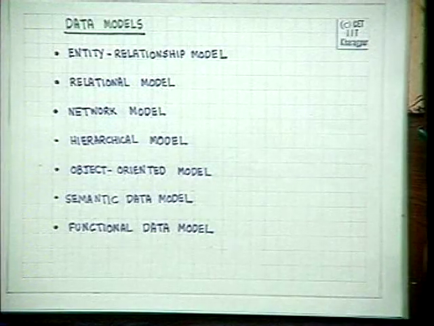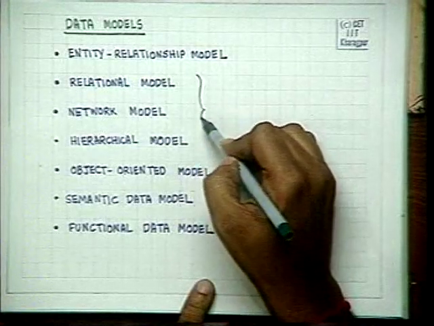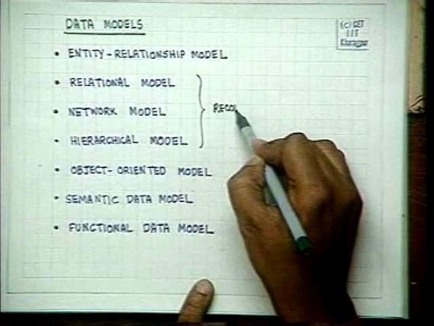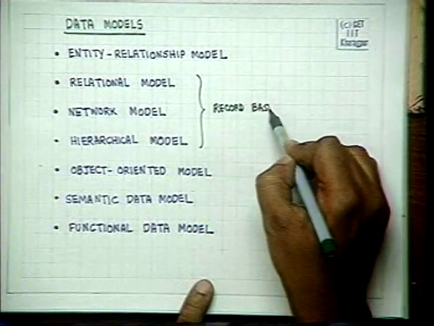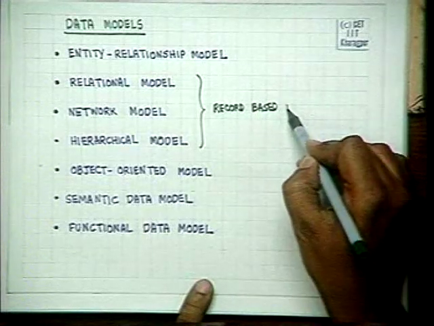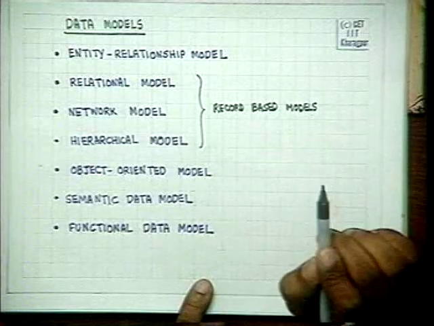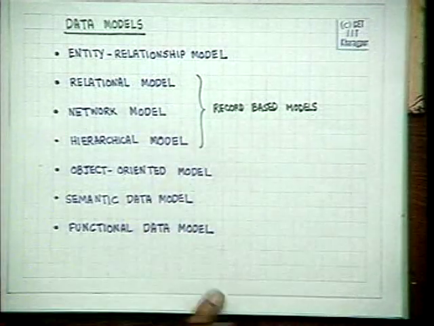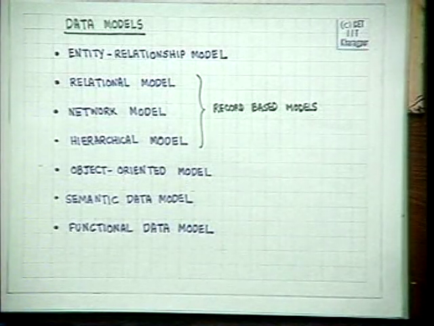Among the lower level models are the record based models. These are often called the record based models, of which the relational model is by now the most popular and most widely used model.